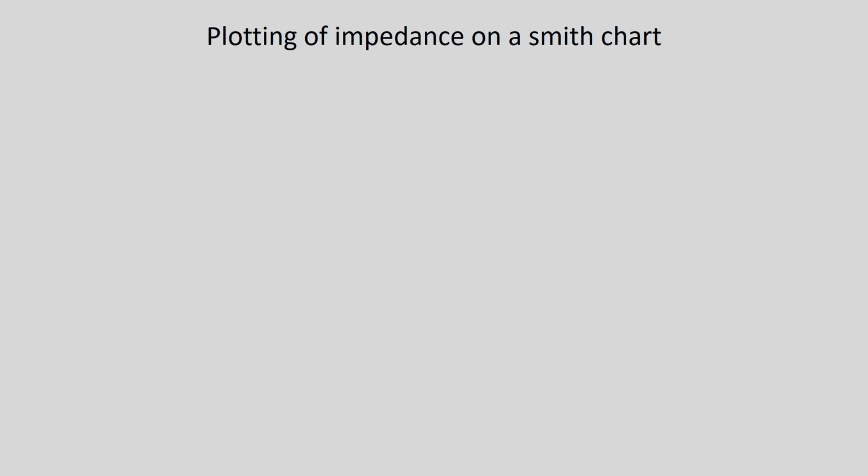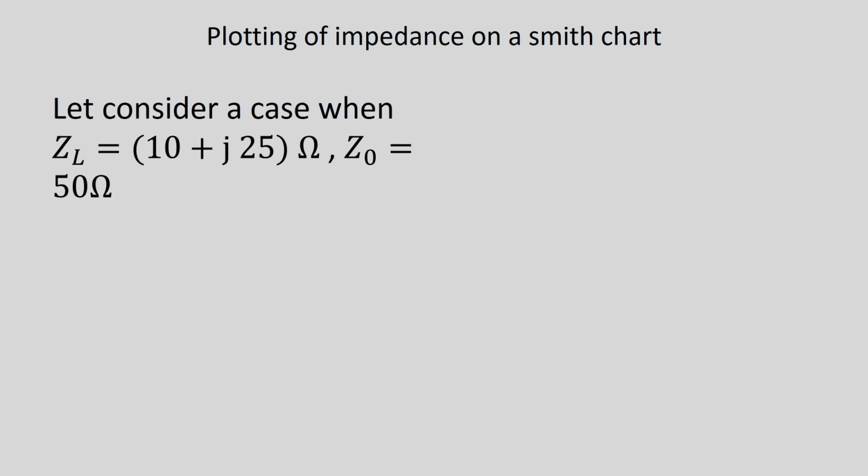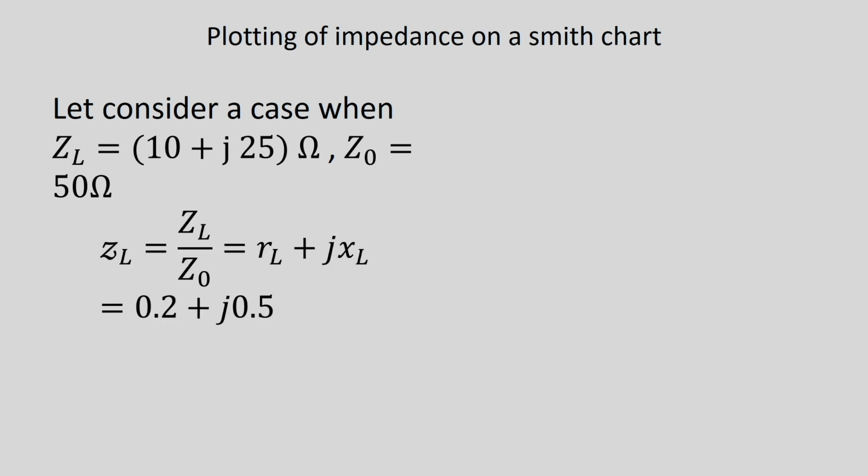So, let us consider another case when ZL is 10 plus j 25 and Z naught is 50 ohm, and we have seen the normalized impedance is 0.2 plus j 0.5. Now, YL, which is 1 by ZL, is 0.69 minus j 1.724. How can we mark this YL directly on the Smith chart?